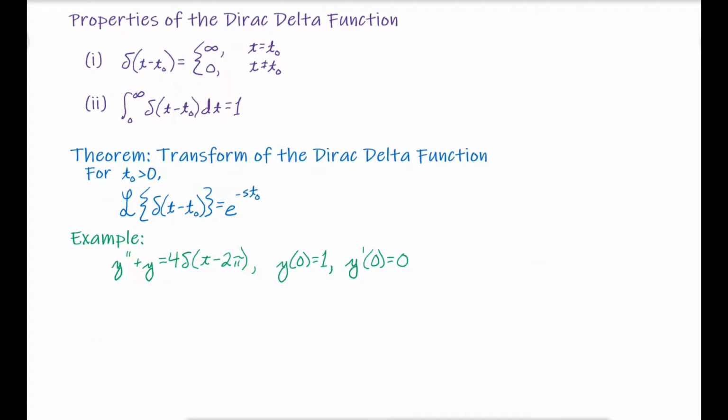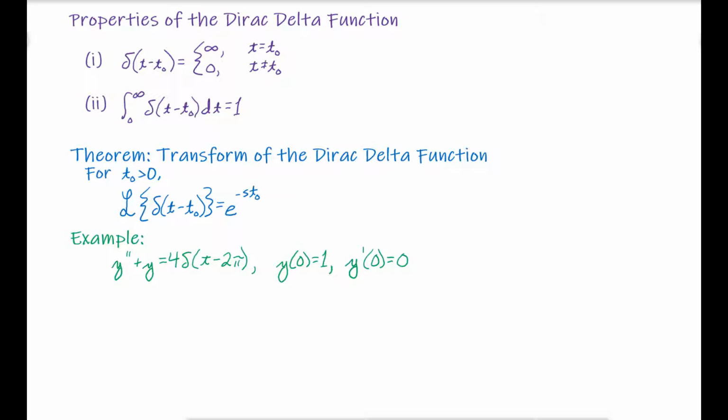So there are a couple of properties of this Dirac delta, not a function. It equals infinity when t equals t naught, and it's 0 everywhere else. Also, if we take the integral from 0 to infinity of it, then we get 1. So it's a unit impulse function setup.